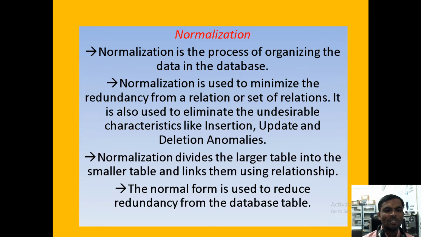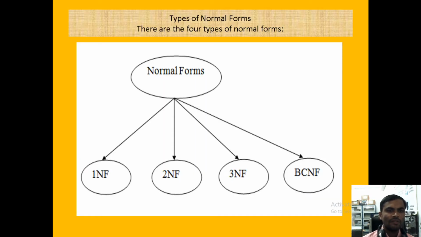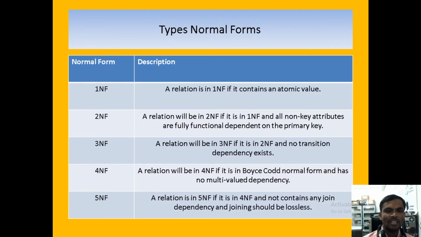To reduce redundancy from the database table we go for normal forms. Here we are learning only four types of normal forms: first normal form, second normal form, third normal form, and BCNF.